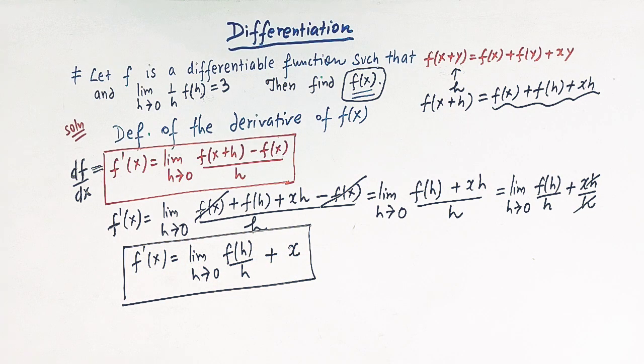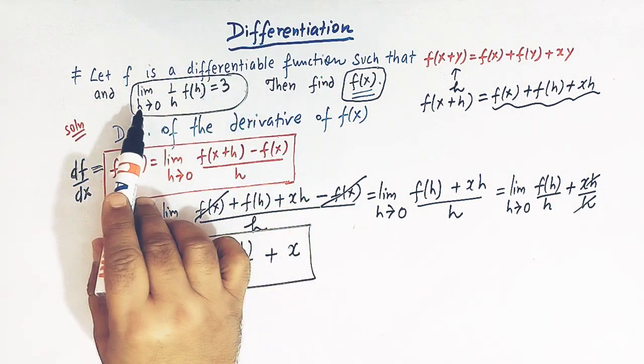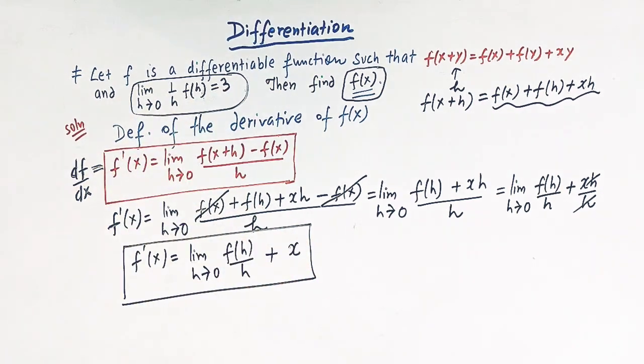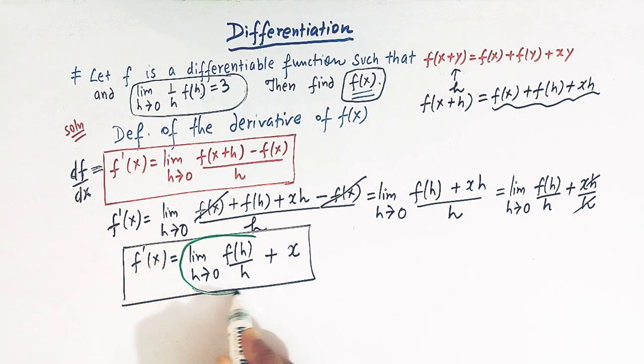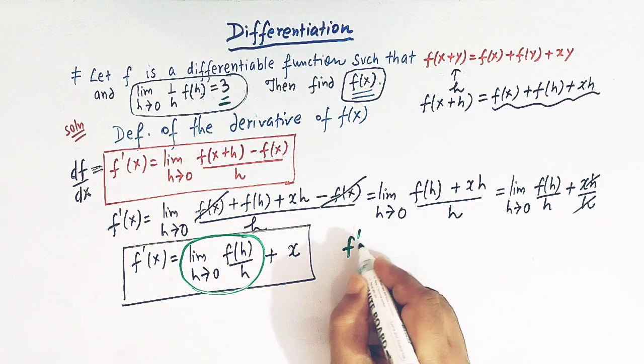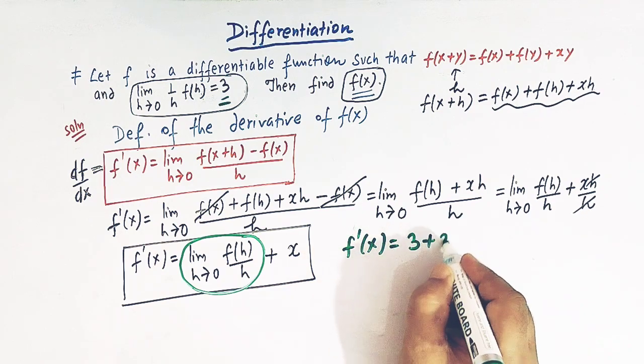Now we are given this limit, the limit as h tends to 0 of 1 over h times f of h is equal to 3. So we will replace this limit by 3, and we have f prime of x is equal to 3 plus x.